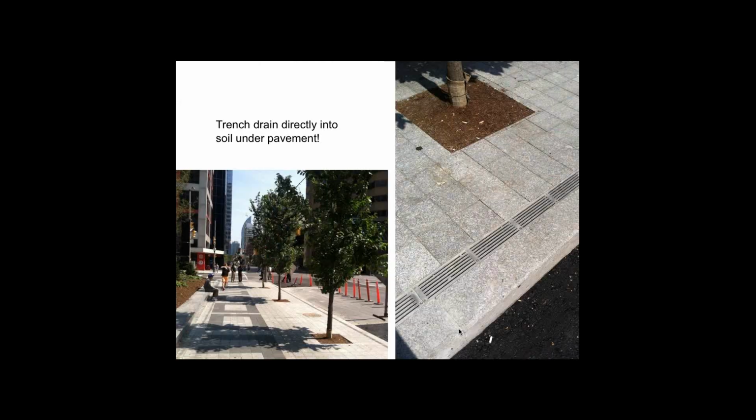In Toronto, they're starting to put these trench drains along the backside of the curb as a way of collecting the water, and these are going to pipe directly into the Silvacell system or whatever soil system you've got under there. But some kind of trench drain is really important. I'm seeing people using these invisible trench drains, the little slot drains.